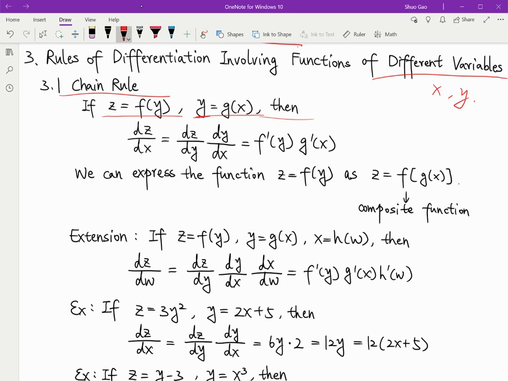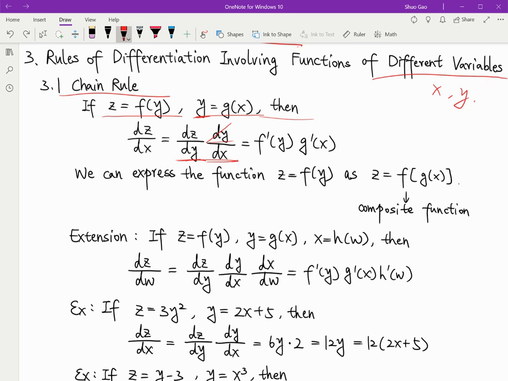First, we take the derivative of z with respect to y, then dy over dx, and then we multiply them together. It's like we have dy in the denominator and in the numerator, so we can cancel dy out and get dz over dx.